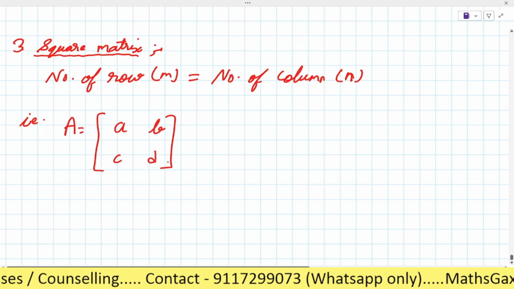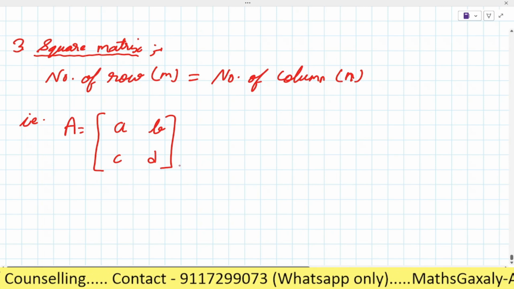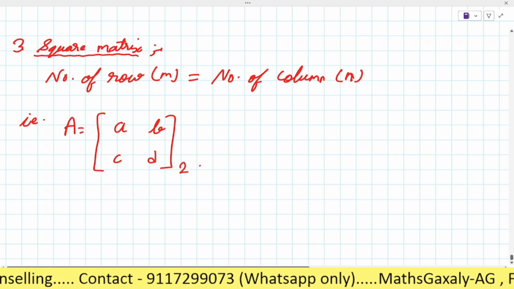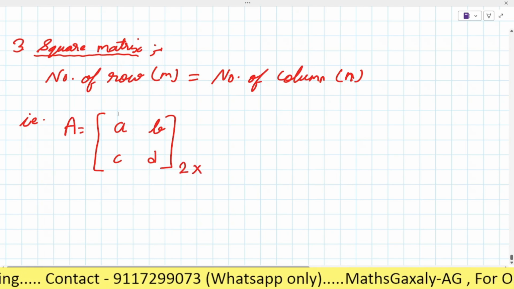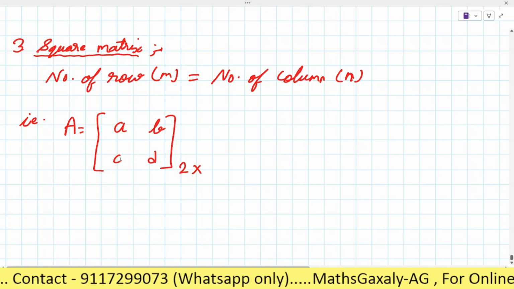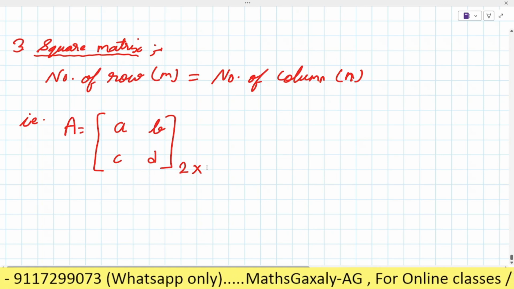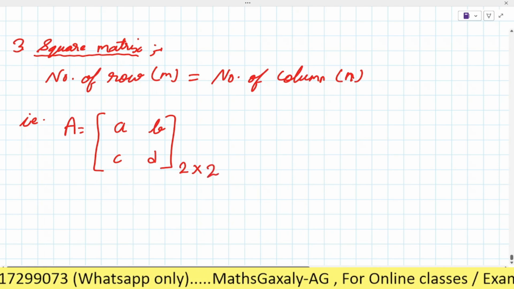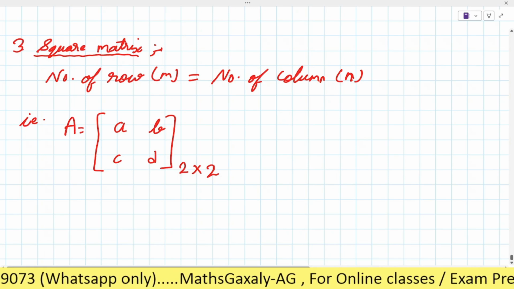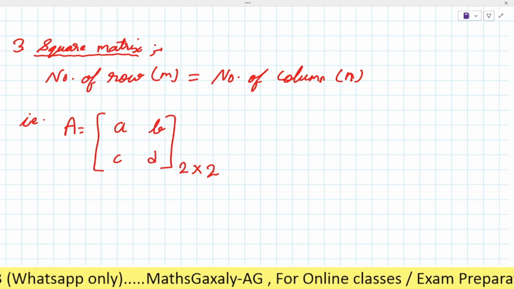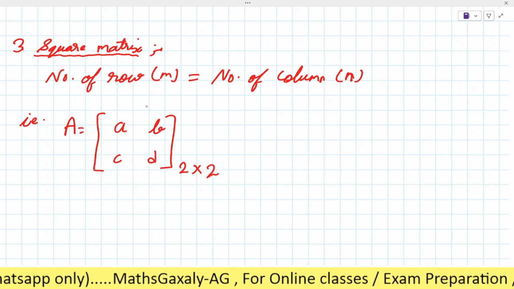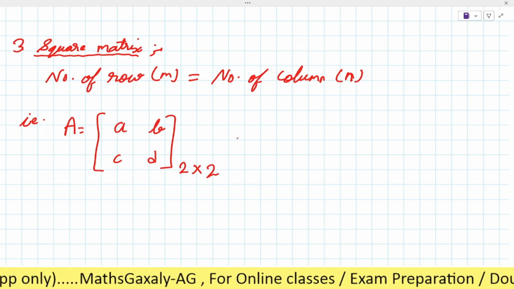So the total number of rows is 2. And the number of columns: in the first column it is a, c and in the second column it is b, d. So it will be again 2. The number of rows is equal to the number of columns, so that's why this type of matrix is known as a square matrix.